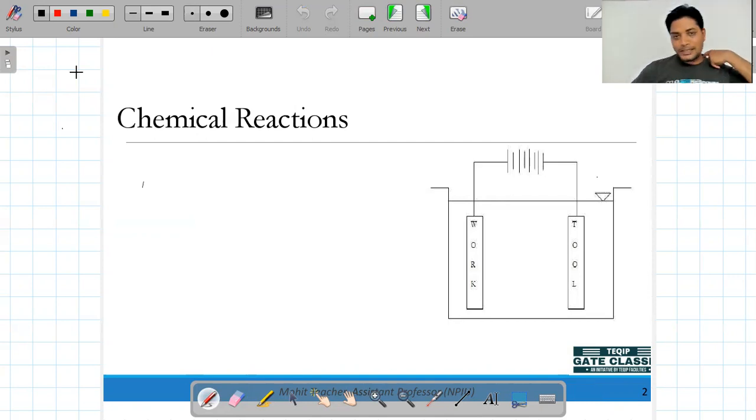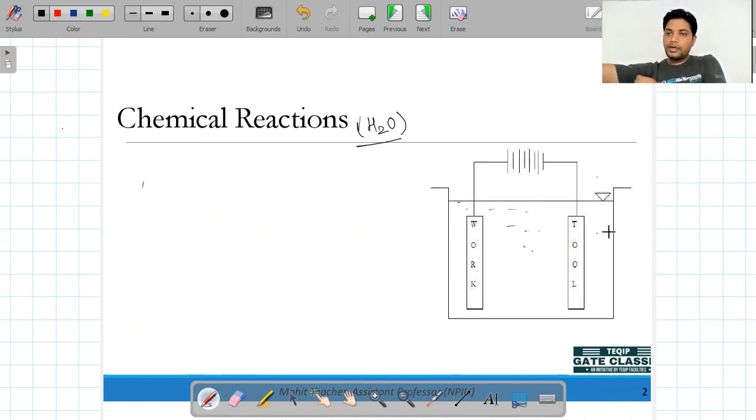So first, we are discussing simple water, that is H2O. The electrolyte we are using here is water. Now we are going to discuss the reaction. This is the workpiece, which is the anode, connected with the positive, which releases the positive ions, and the cathode, which releases the negative ions.